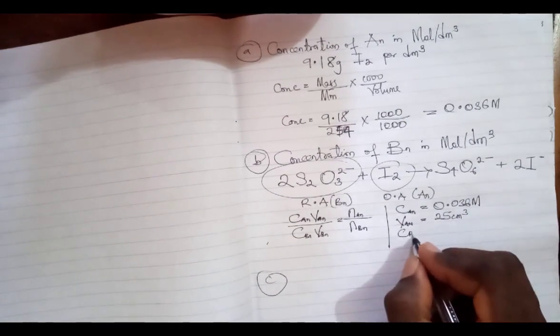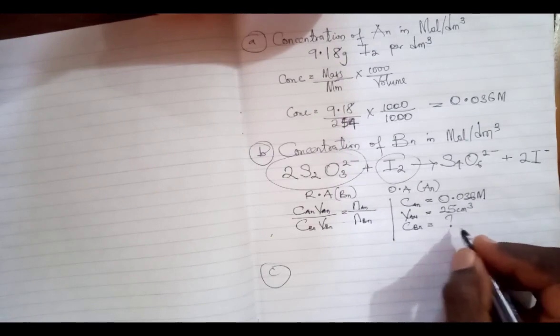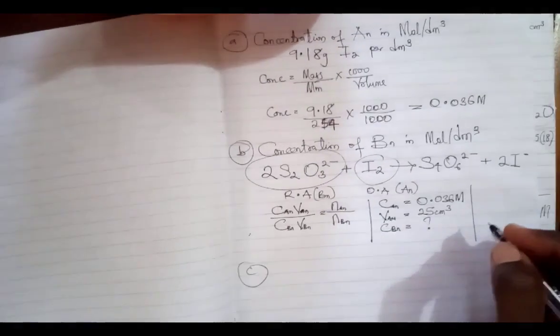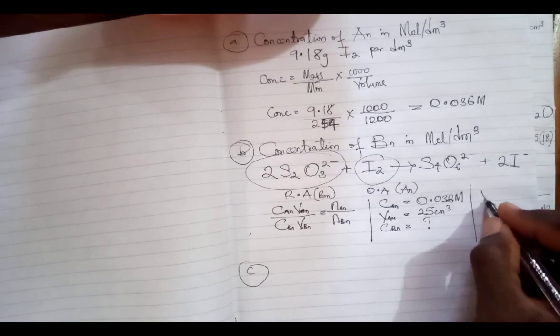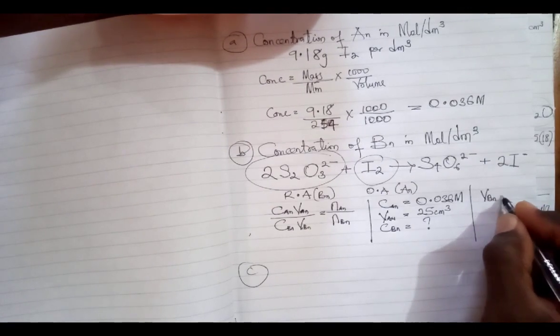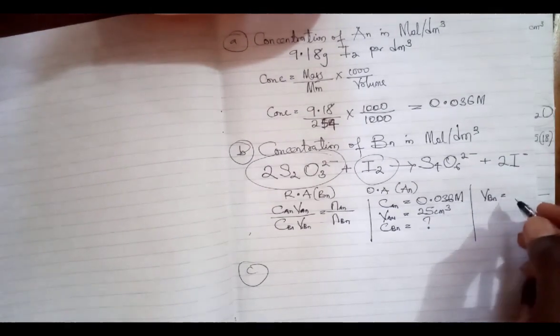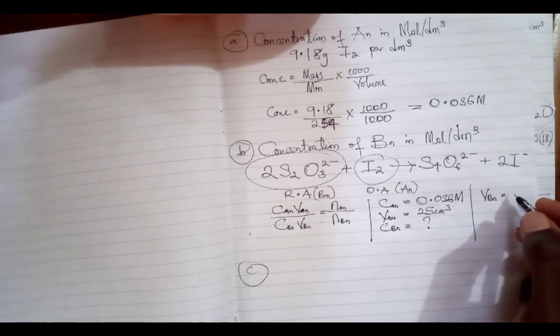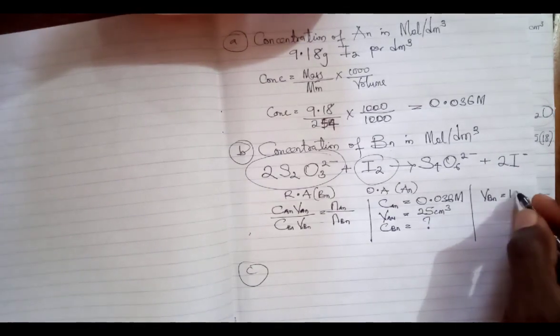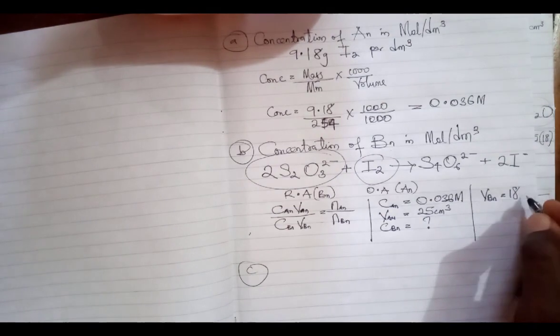Okay, CBN, which is the concentration of thiosulfate we are looking for, unknown, and VBN, which is the average volume of thiosulfate we used from the burette, from the table we calculated, which is approximately 18 cm cube.